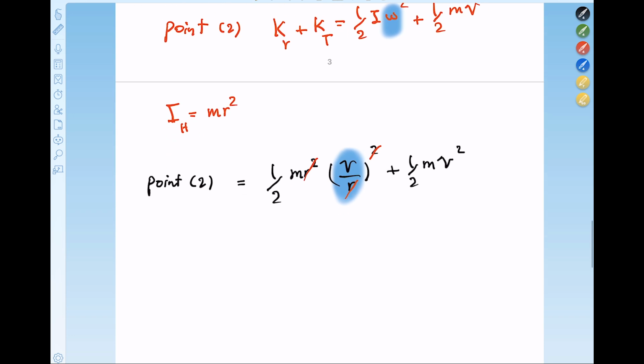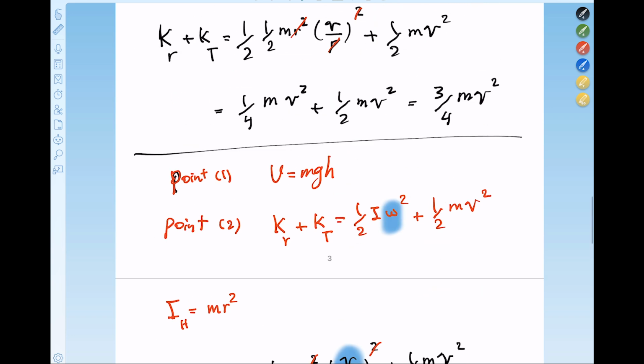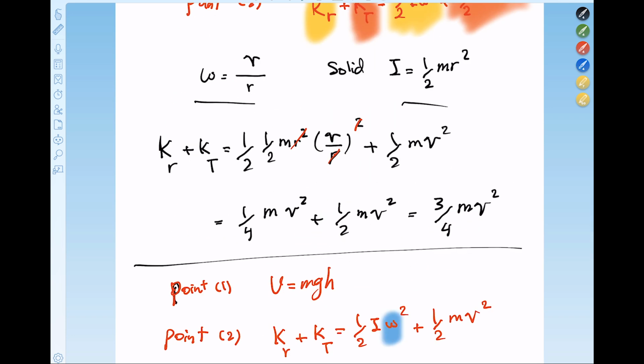So I'll have half mv squared plus half mv squared. Half an apple plus half an apple, you'll have 1 full apple. So I'll have 1 full mv squared. So at point 2 for a hollow cylinder, your total kinetic energy is mv squared. For a solid cylinder, it will be 3/4 mv squared.